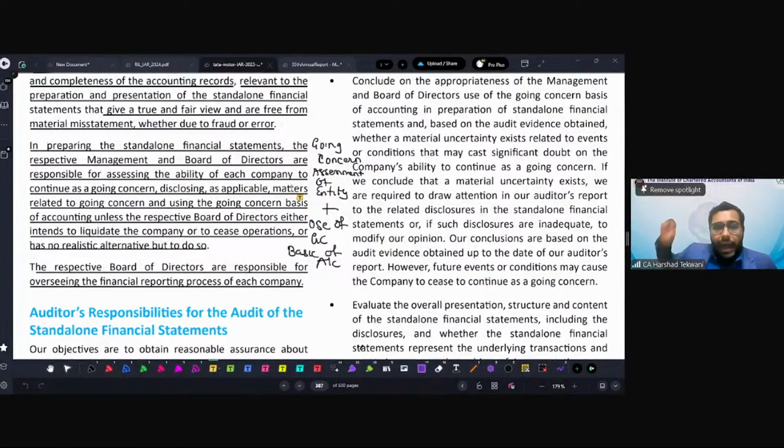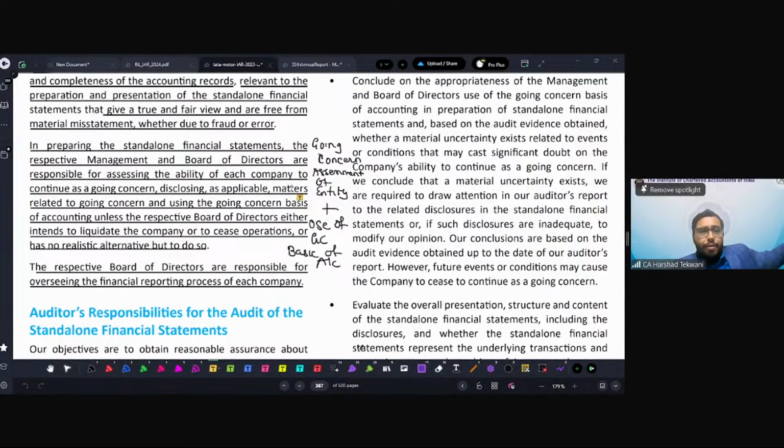Just imagine, I have the first paragraph opinion, then management responsibility, then key audit matters, and somewhere in between or at the last, I have a basis of opinion. How does it sound? Do you think the reader will be comfortable reading that report?